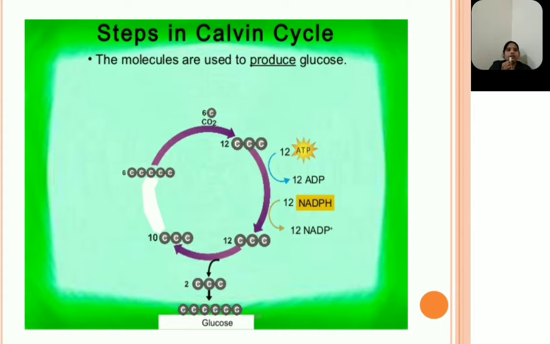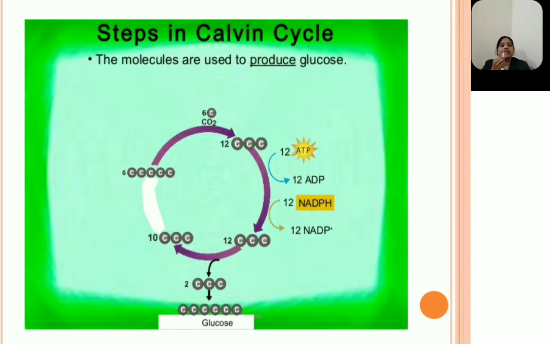So the third step is regeneration of RuBP. Under the regeneration, 10 molecules of 3 PGA are used for the regeneration of 6 molecules of RuBP at the cost of 6 ATP.